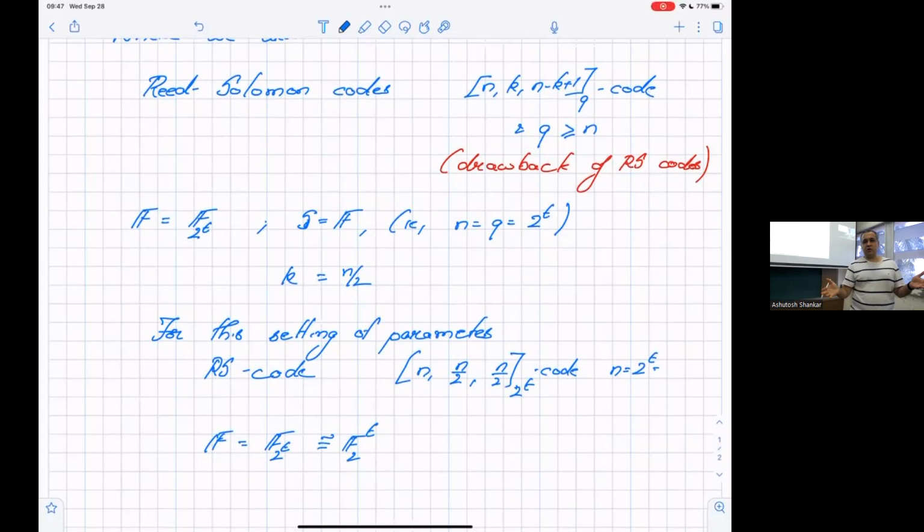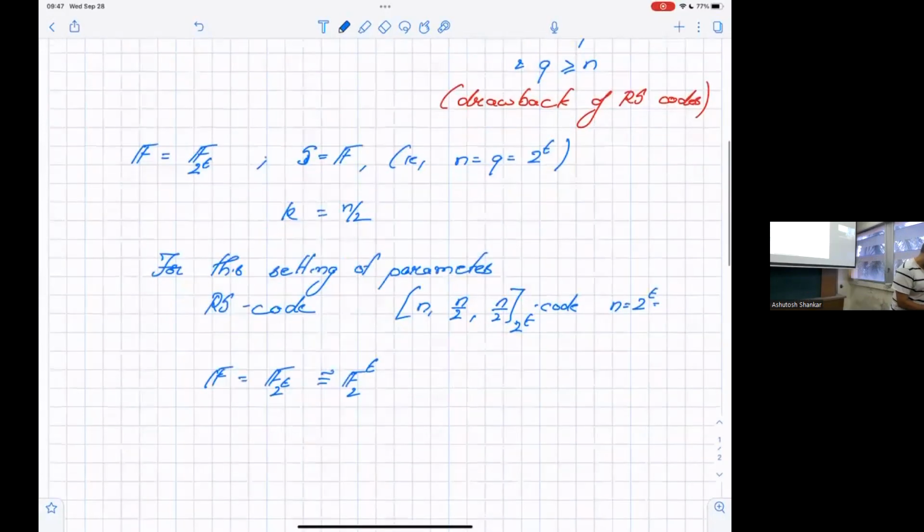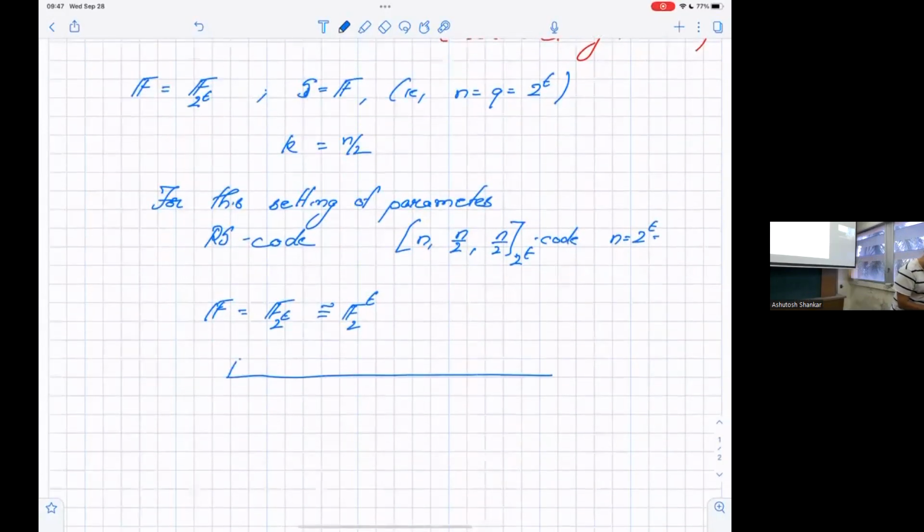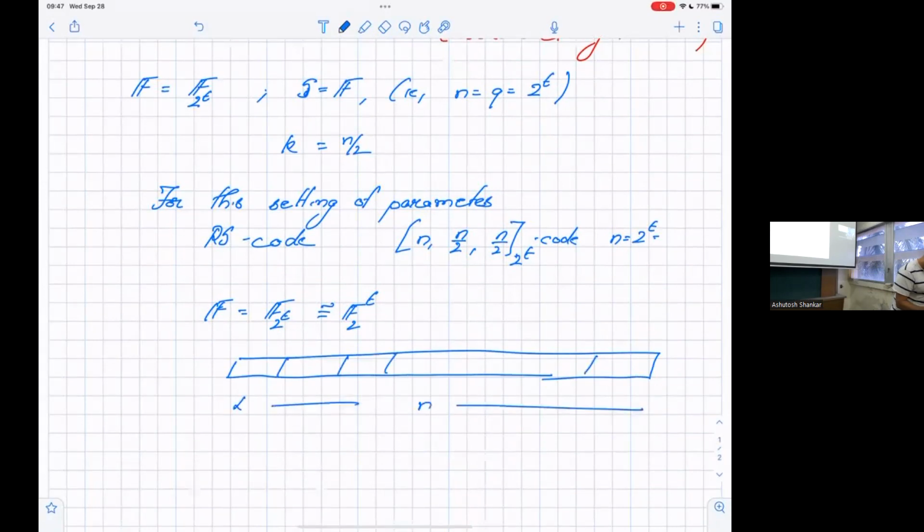So you have this codeword of block length n: C1, C2, up to Cn, and each Ci is an element of F_{2^t}, which is isomorphic to F_2^t.